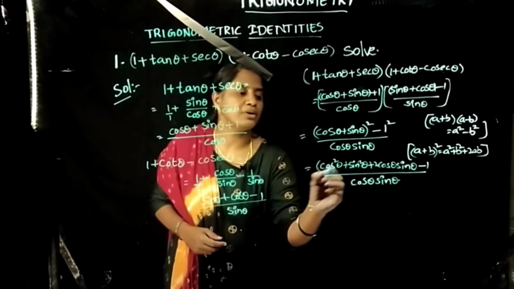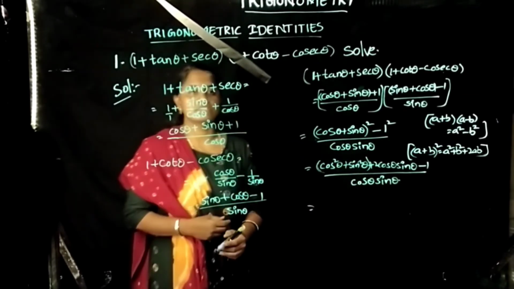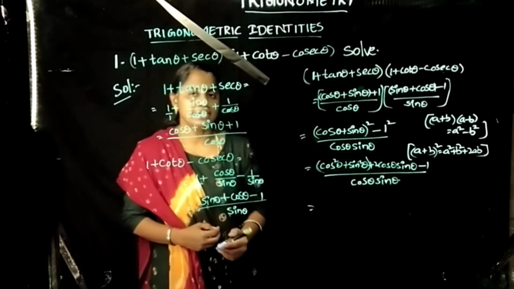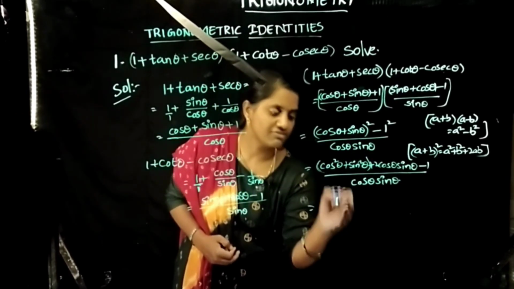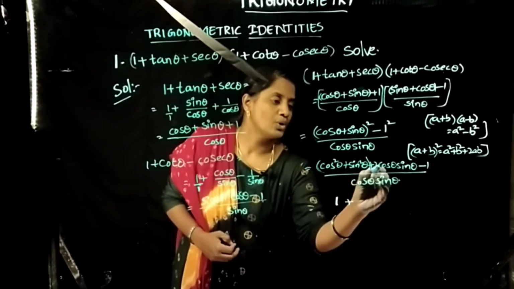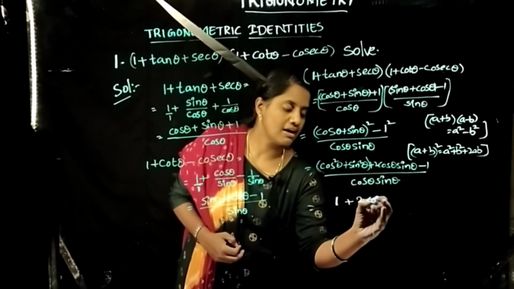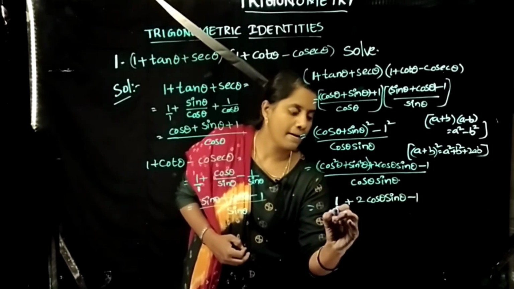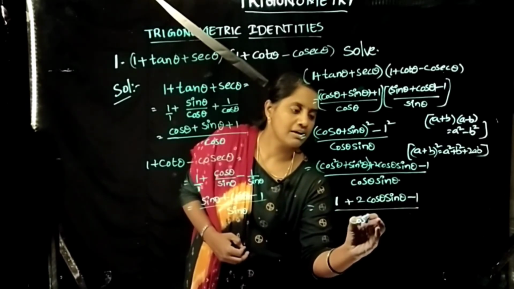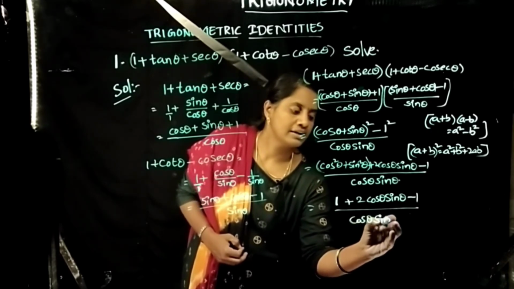What is the value of cos square theta plus sin square theta? It is 1. So 1 plus 2 into cos theta sin theta minus 1 by cos theta sin theta.